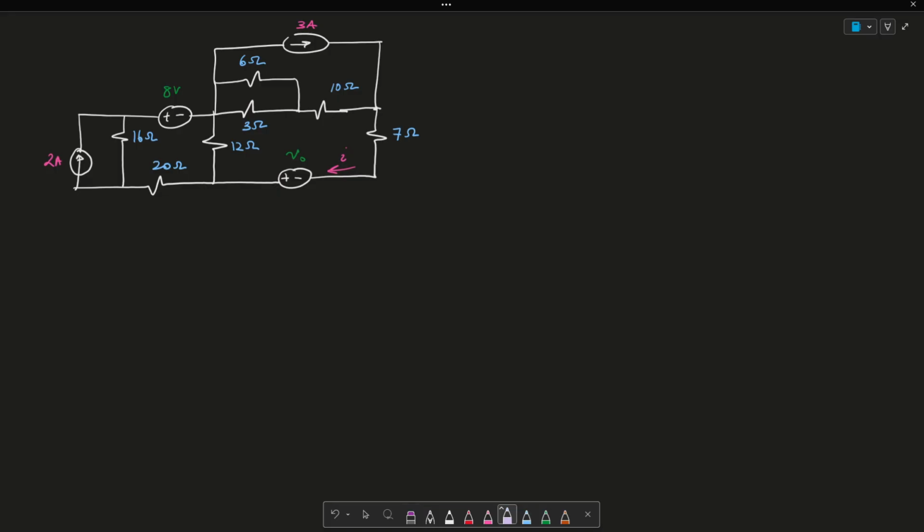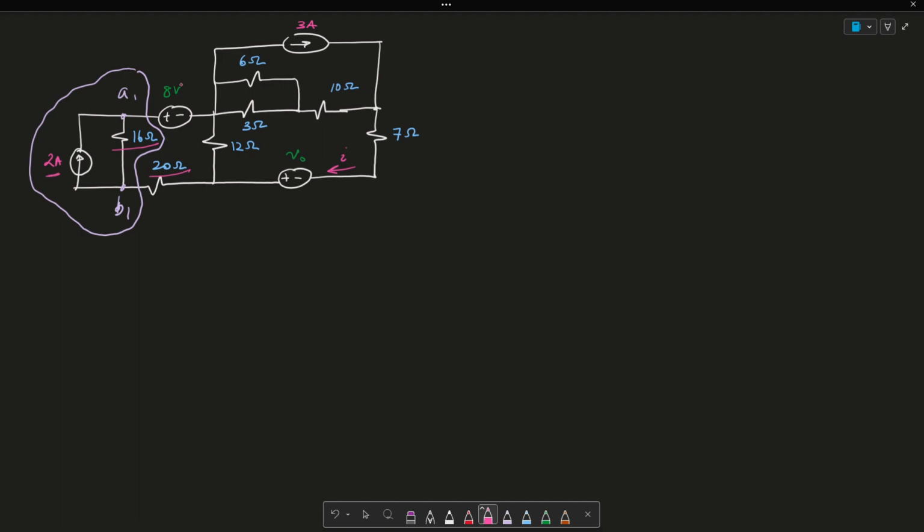Okay, so what I'm going to do here is consider that this here is A1 and this here is B1, and I can do a source transformation here. With that source transformation, I can add this resistor and this resistor. And when I do a source transformation, this is going to become a voltage source.